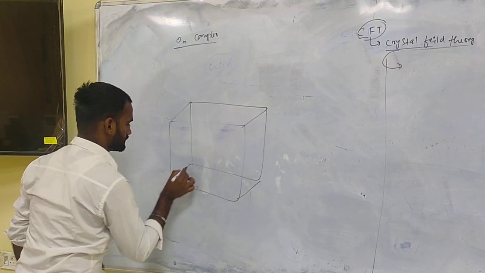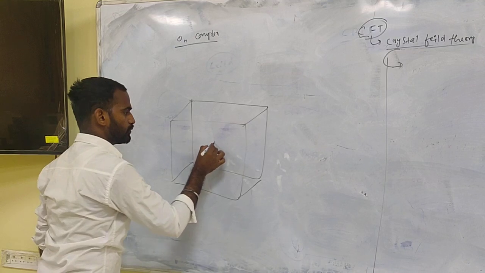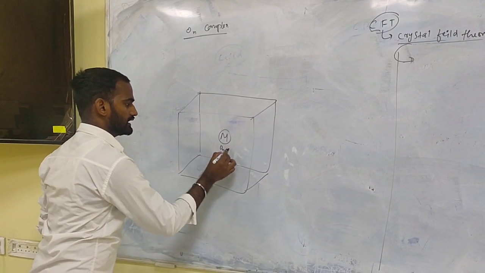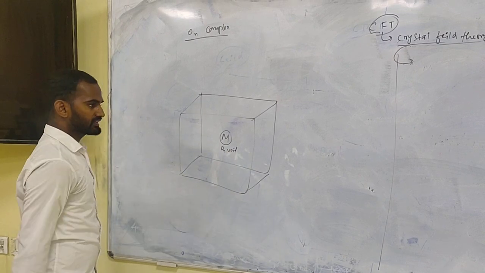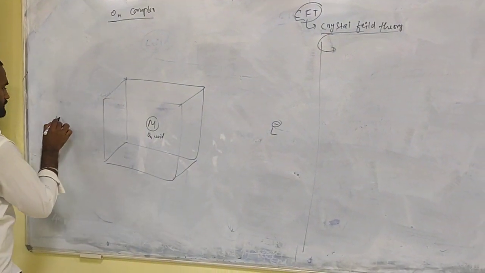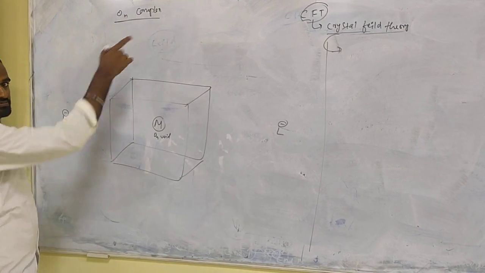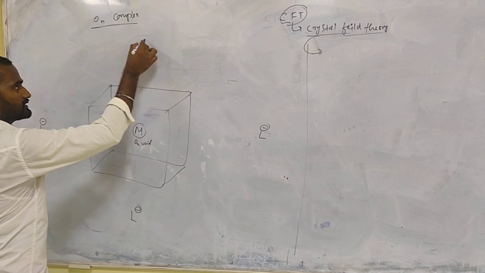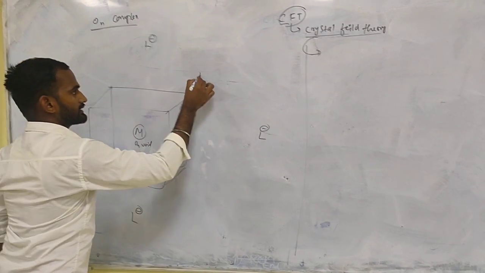In this cube, the metal will be there in the void, that is the octahedral void, and the ligands will be coming from infinite distance. There will be 6 ligands, because octahedral complex means coordination number 6. So the 6 ligands will be coming from the infinite distance.